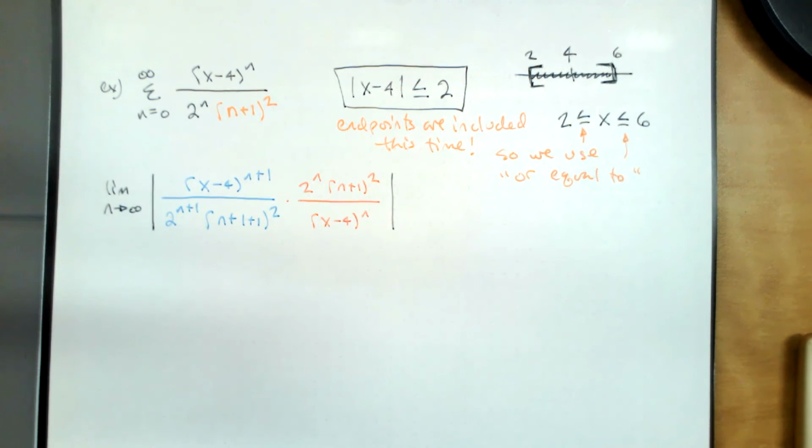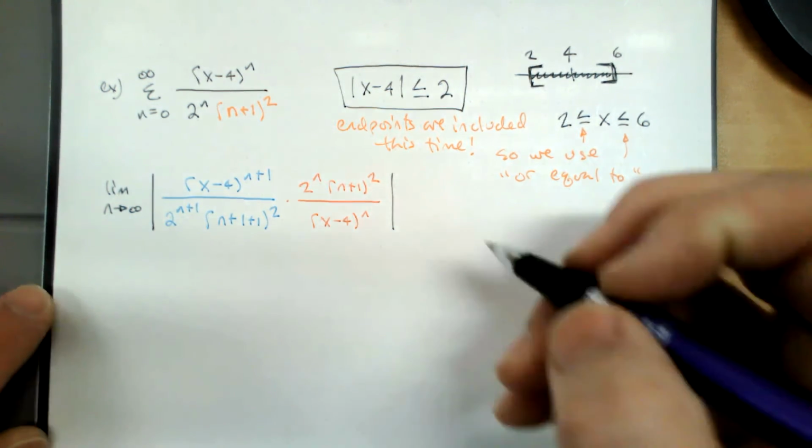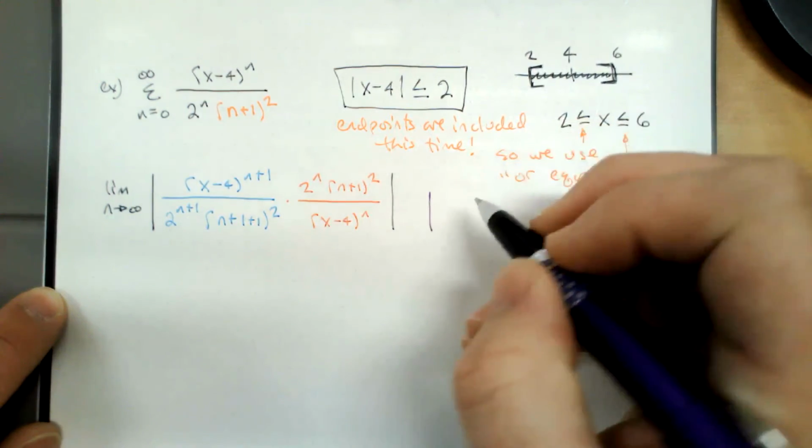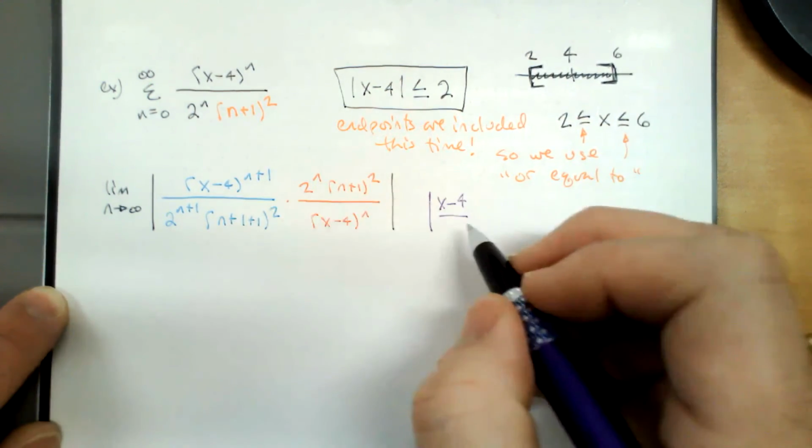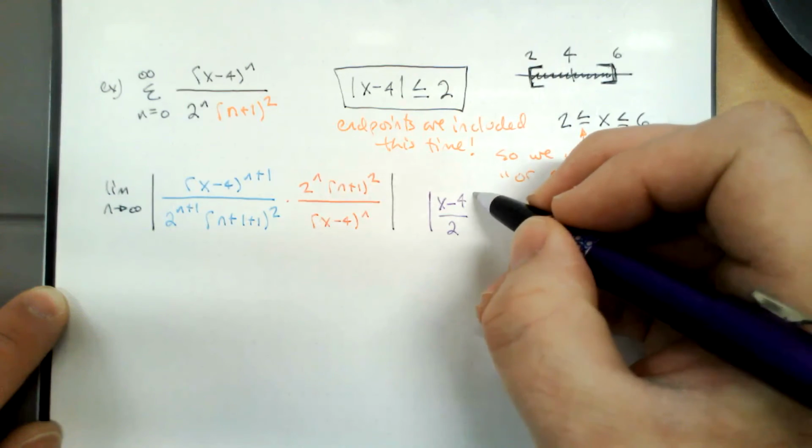And we see all these familiar things happen. The x minus 4 to the n plus 1 is divided by x minus 4 to the n. It leaves behind an absolute value of x minus 4. 2 to the n over 2 to the n plus 1 will leave behind a 1/2.